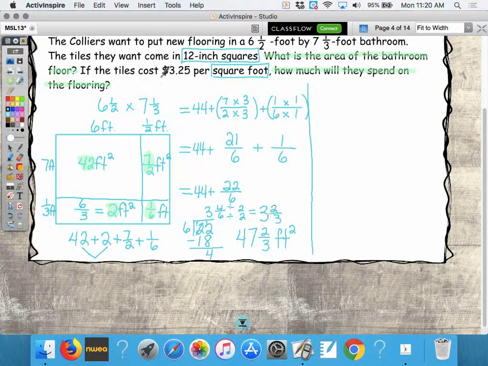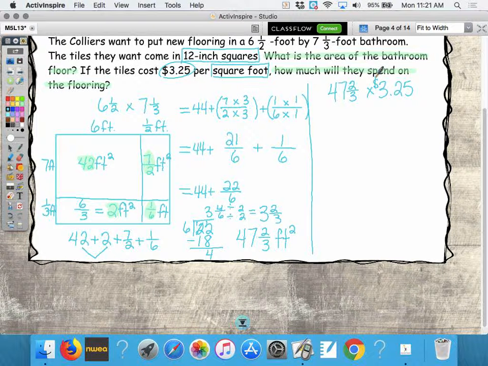Well, I mean $3.25. Okay, so here's what I want you to do. I've got 47 2/3 times $3.25. Now this is sort of a trick question, and I'm not going to give you any hints right now, okay? That's too hard to do. So we've got to make a decision about how to make that easier to do.